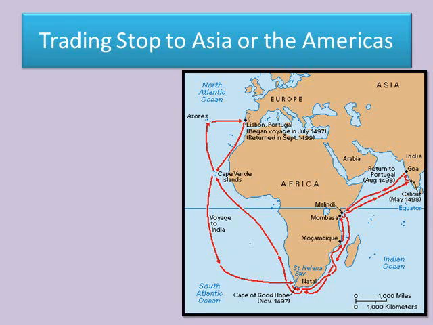So really, like I said earlier, the first reason that Europeans started to venture in and around Africa is because they wanted to get to Asia. A lot of the first explorers were taking small steps. Like you learned last year, people like Prince Henry the Navigator would work their way around.